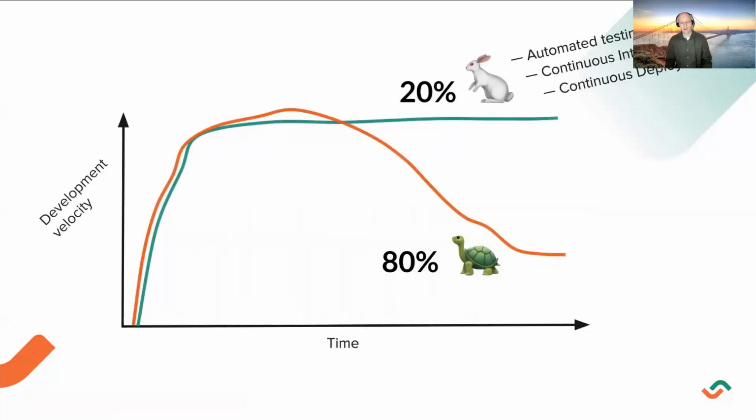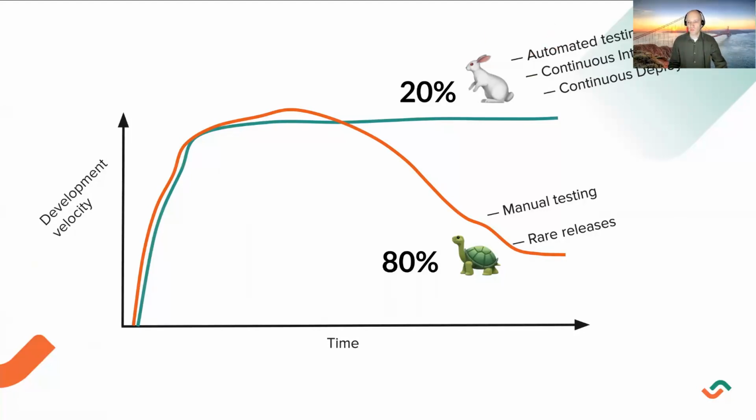Okay, and now let's compare these two approaches. So this 20% here, those are the companies that we talked about in the beginning that are shipping frequently, multiple times per day. They're shipping their changes in front of their customers.